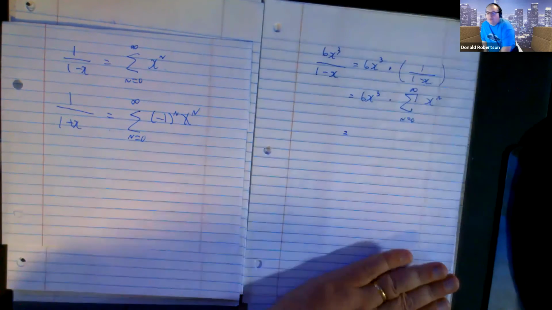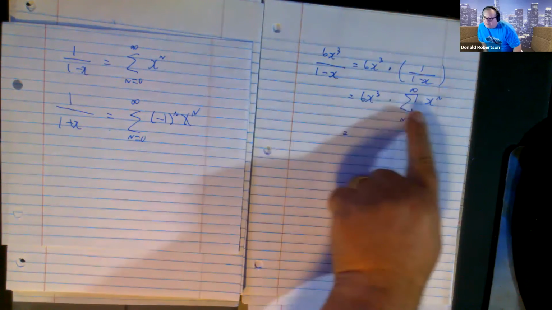But we need style points. And when you do power series, you want the whole thing inside a single sigma. So that 6x cubed has got to come inside here.